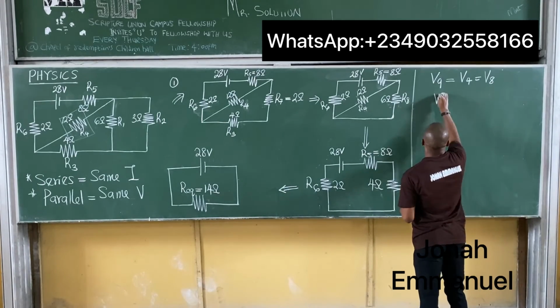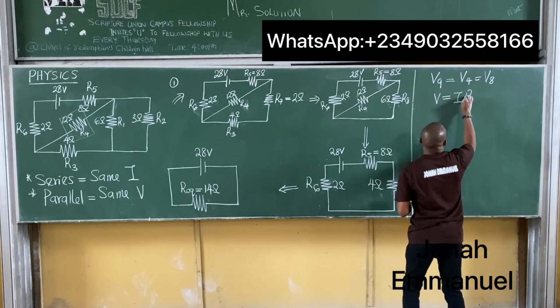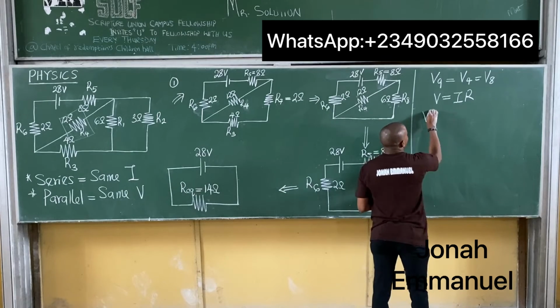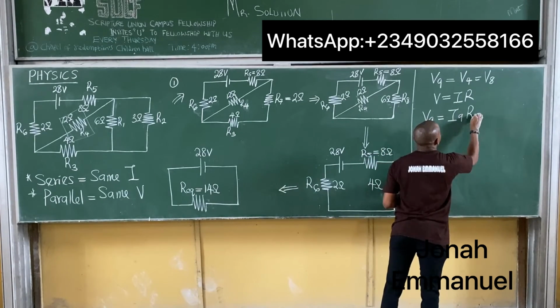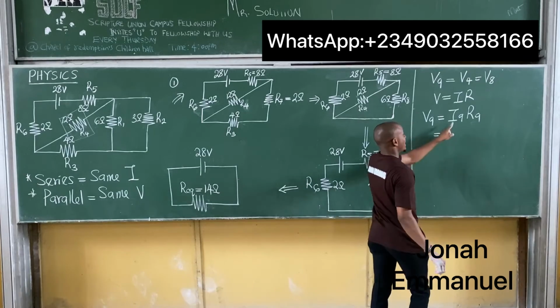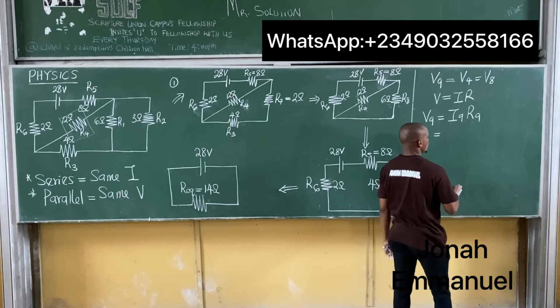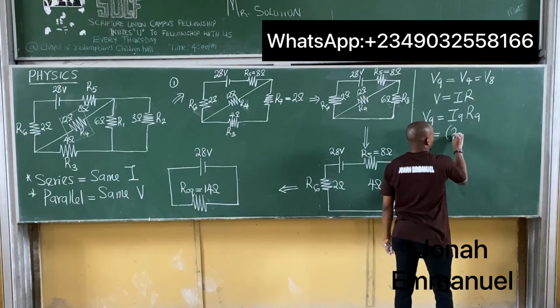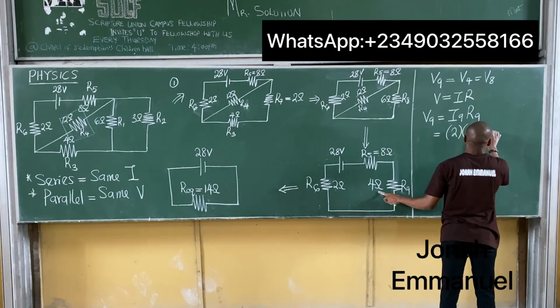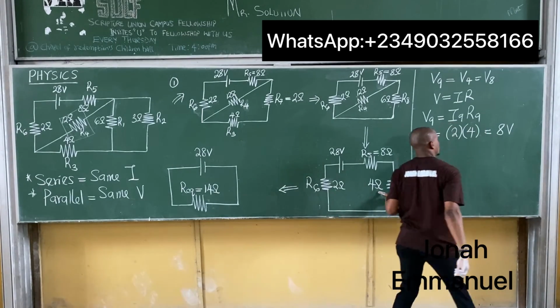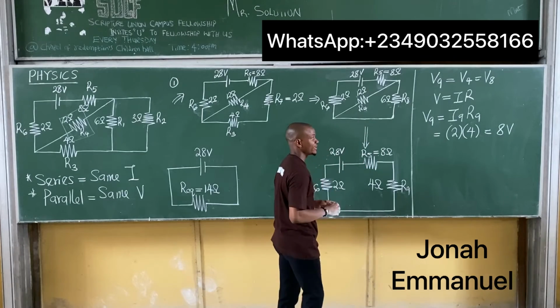From Ohm's law, V is equal to IR. That means that V9 is equal to I9 times R9. Help me out. What's I9 again? 2. What's R9? 4. So that gives you what there? 8 volts. So please notice that V9 is 8 volts.